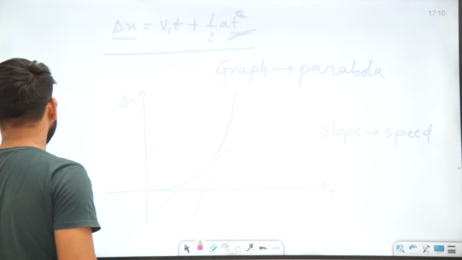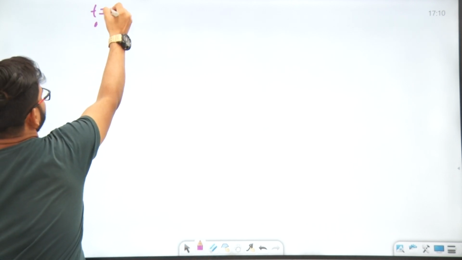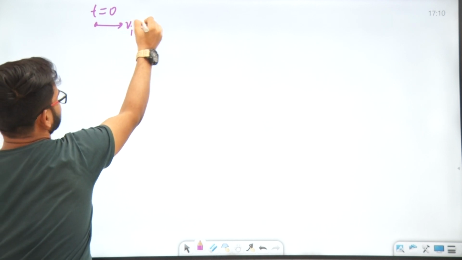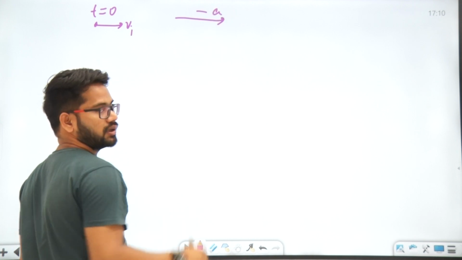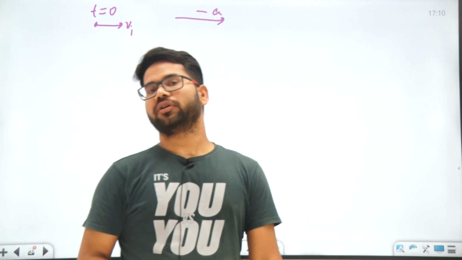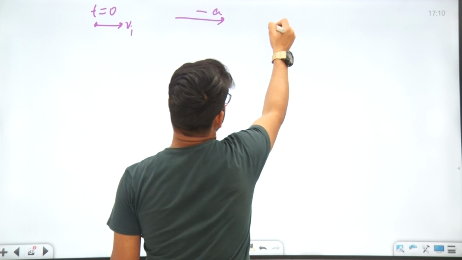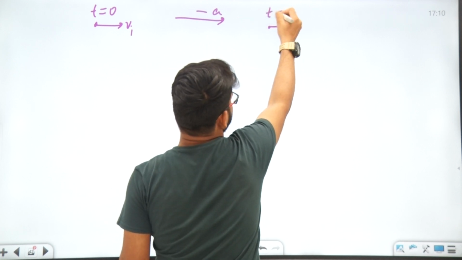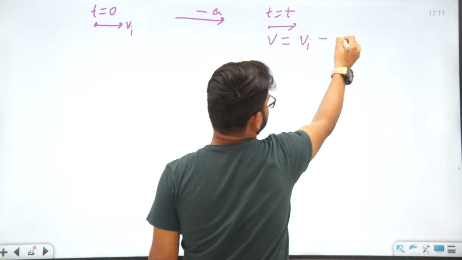We can take another situation when at t equals 0 the particle has some velocity vi, but instead of getting accelerated it is getting retarded. It has uniform retardation of minus a, and at t equals t its velocity will be vi minus at.